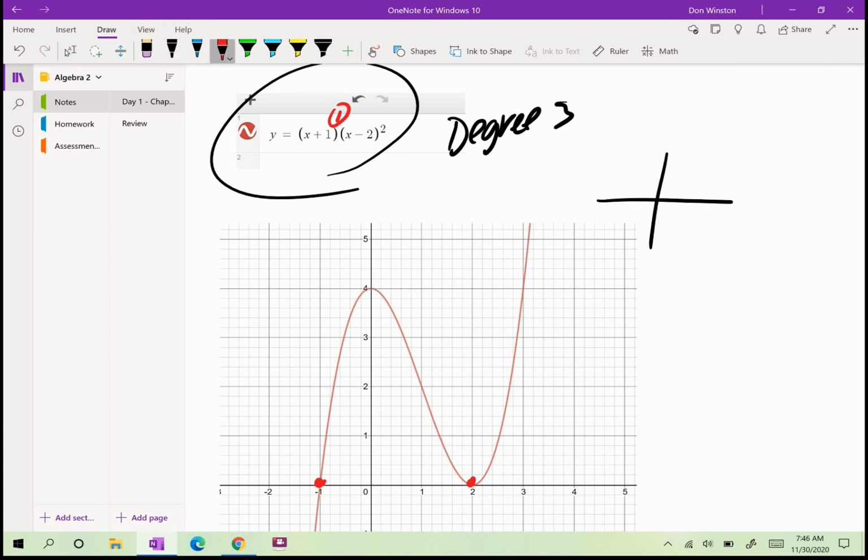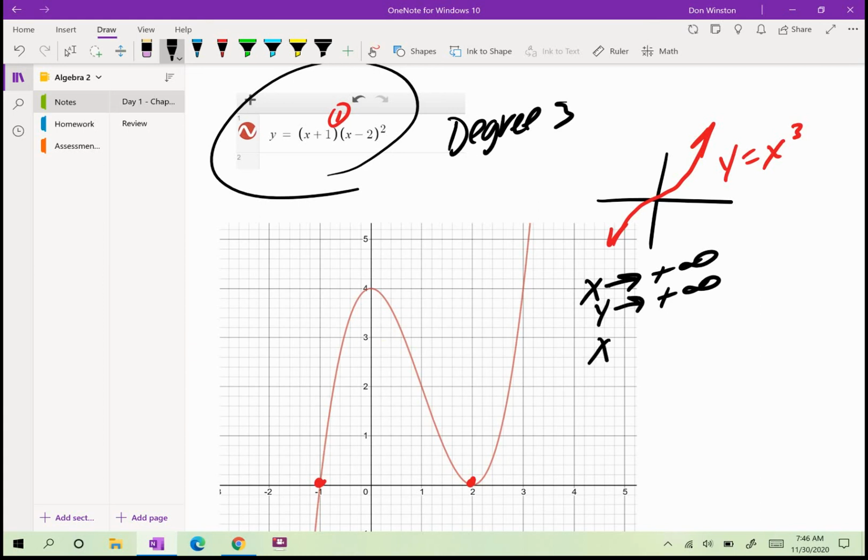So remember the x cubed, it looks like this here. Leading coefficient is positive, so that means it falls on the left and rises on the right. As x goes to positive infinity, y goes to positive infinity. As x goes to negative infinity, y goes to negative infinity.